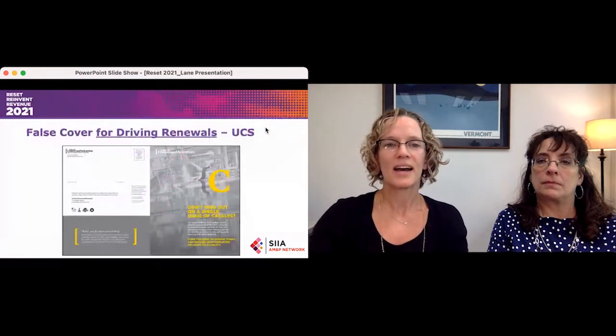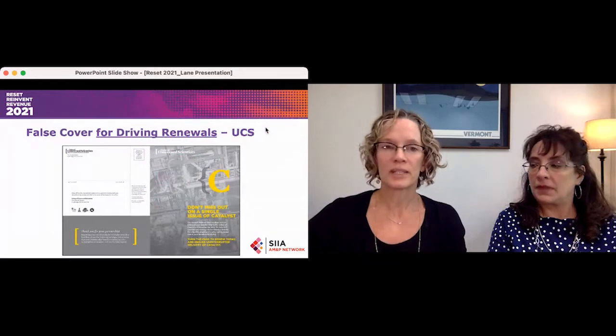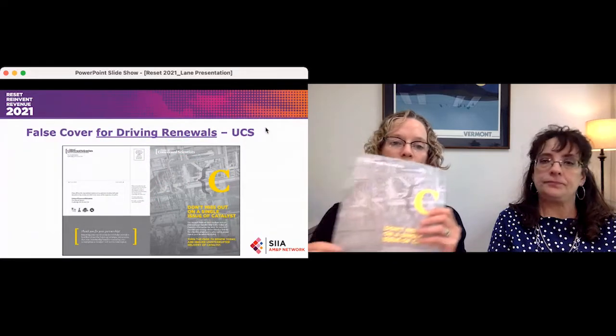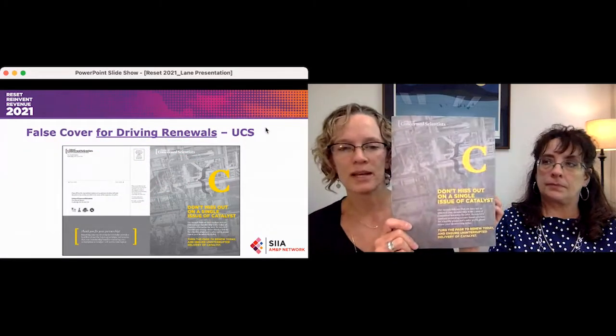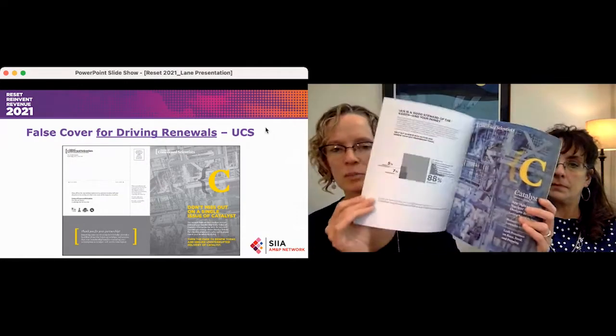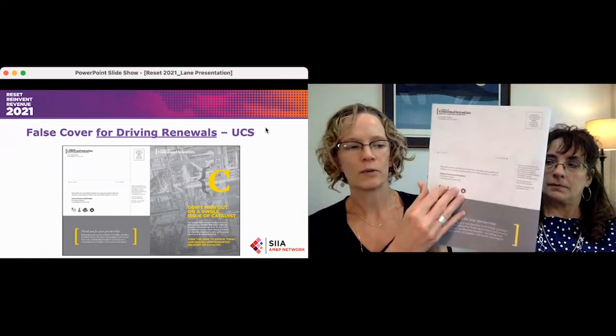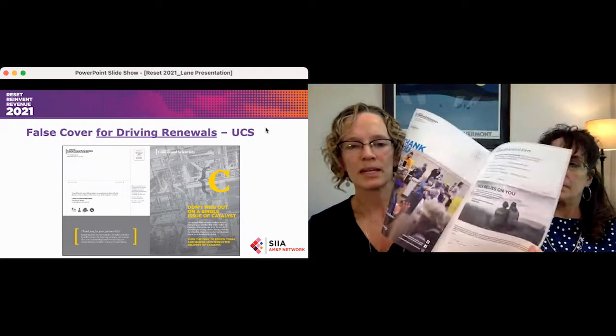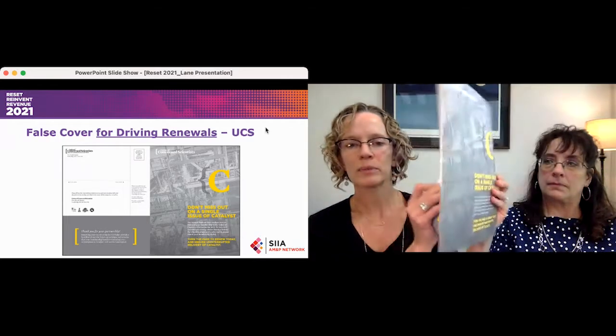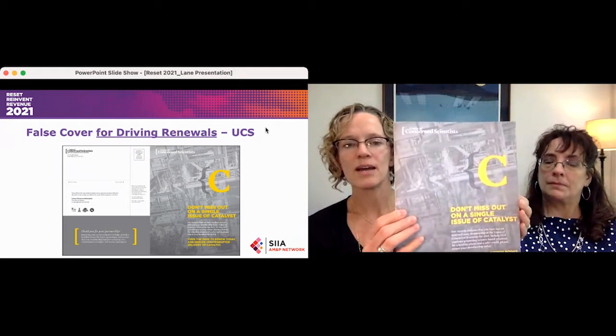All right, I want to show you an example of using a false cover for driving membership renewals. And this is on a saddle stitch magazine, a full 4-page, what we call a 4-page false cover. So it's an entire complete extra cover, okay?